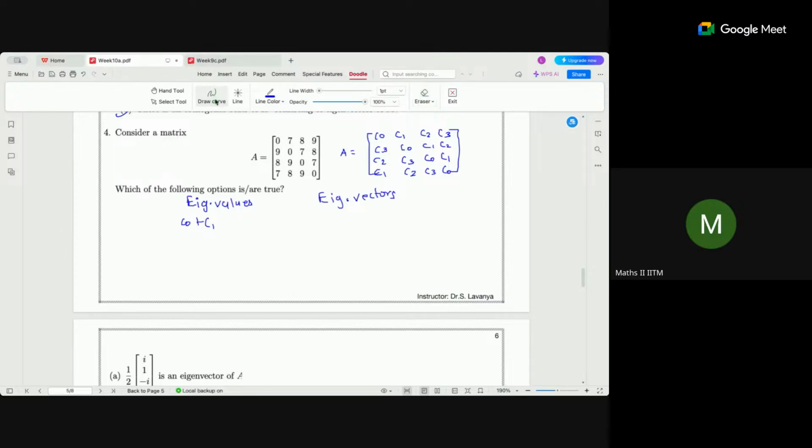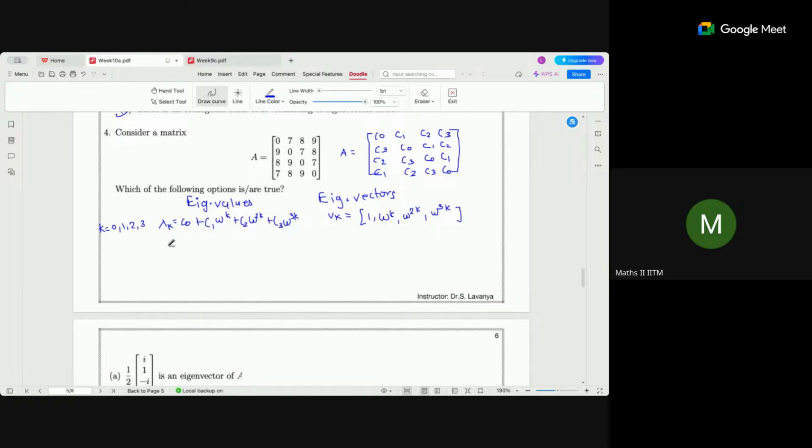In general it is C0 plus C1 omega power k plus C2 omega power 2k plus C3 omega power 3k. This is your lambda k in general. And the corresponding eigenvector Vk is 1, omega power k, omega power 2k, and omega power 3k, where k varies from 0, 1, 2, 3.